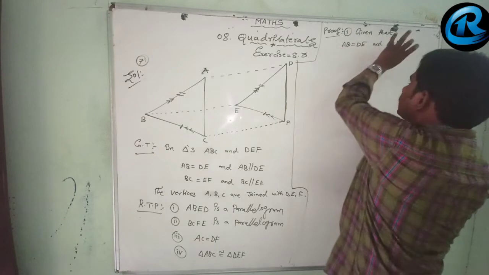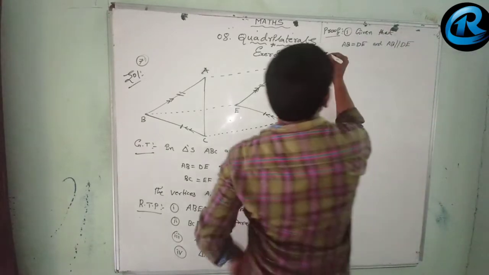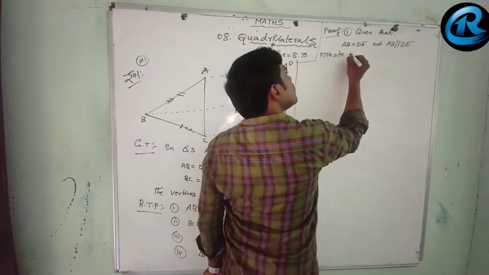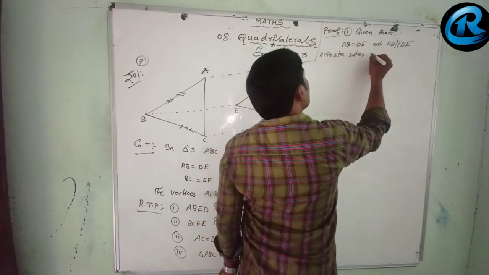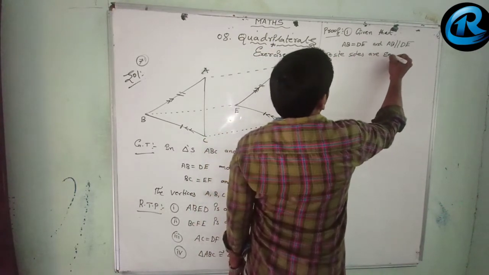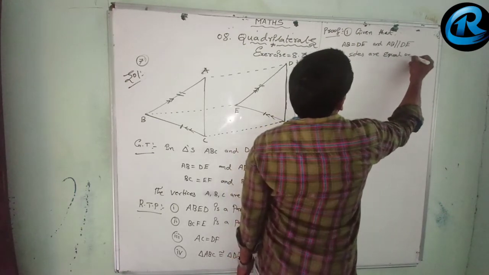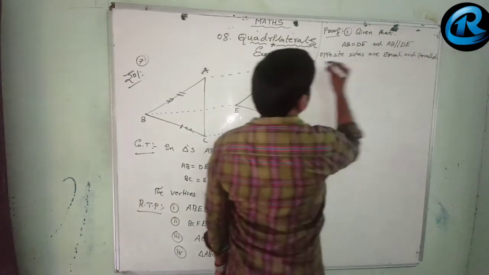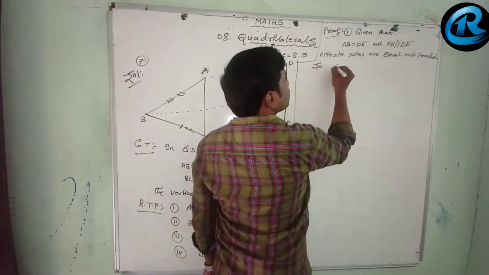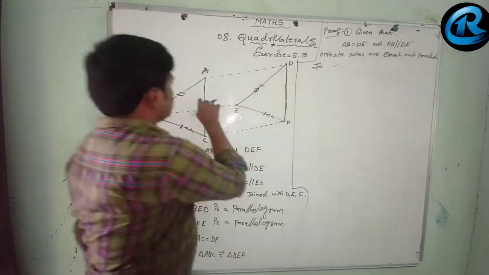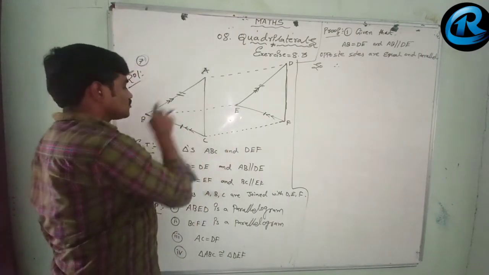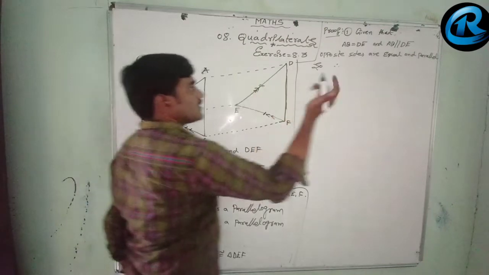Opposite sides are equal and parallel. So it is considered a parallelogram. So ABED is a parallelogram.